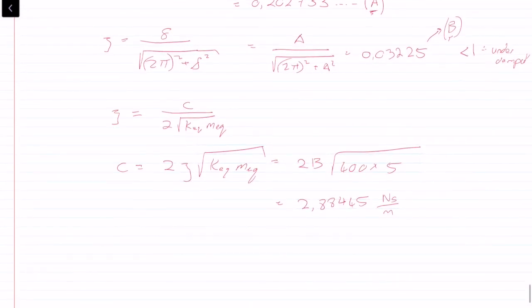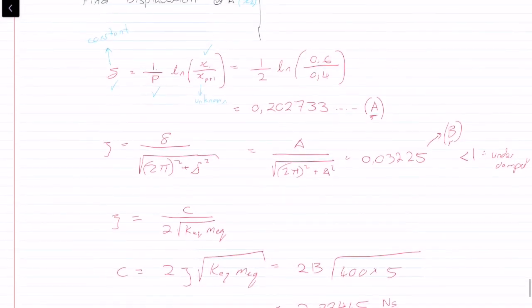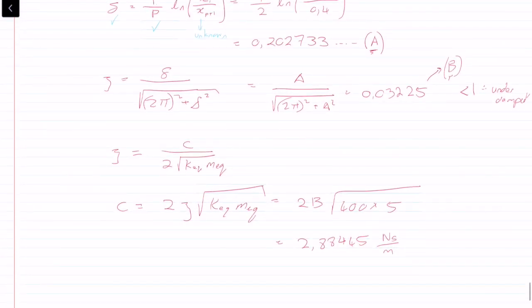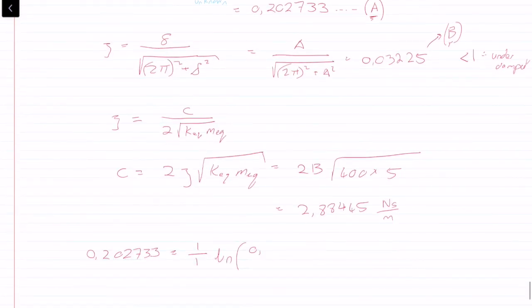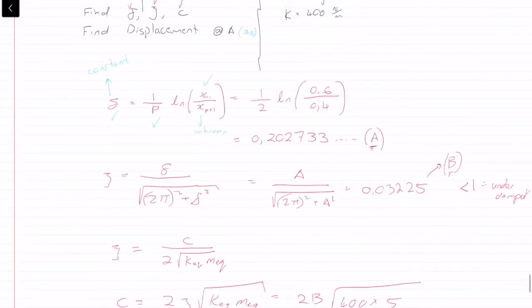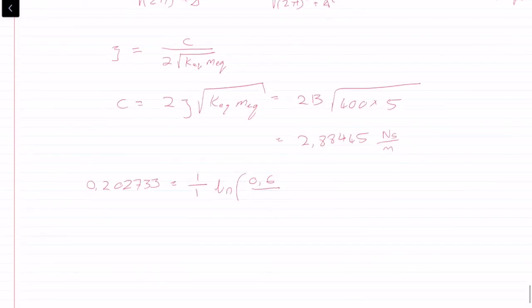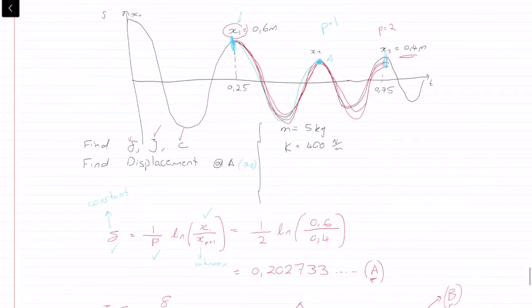The logarithmic decrement, 0.202733, is equal to 1 over 1, which is just 1, times ln of 0.6 over x2, because that is what we want.